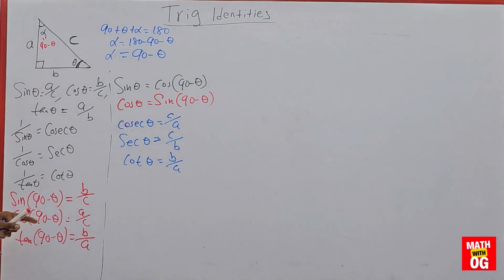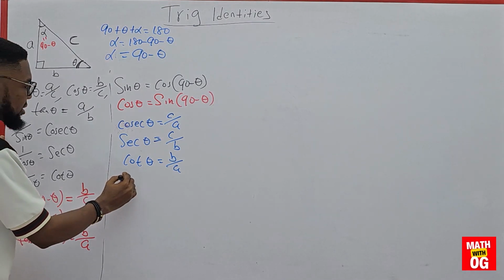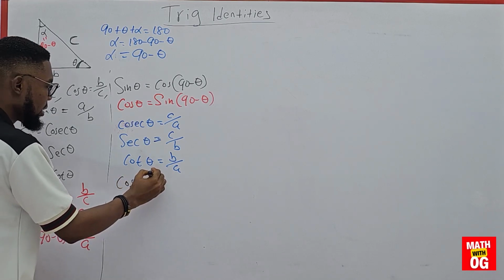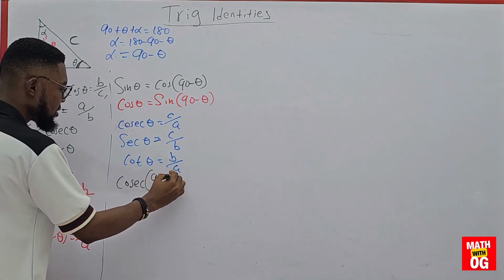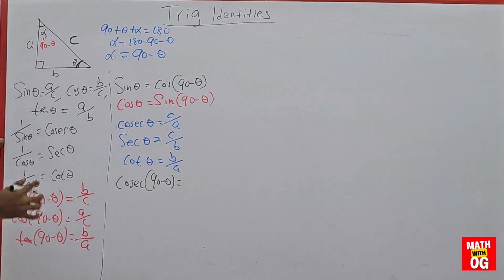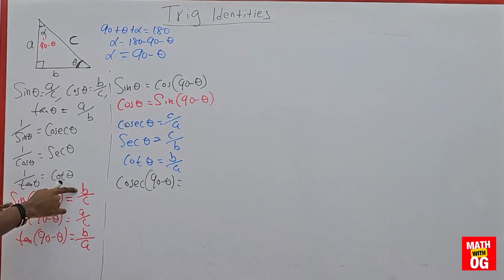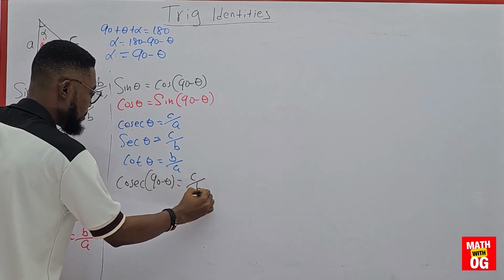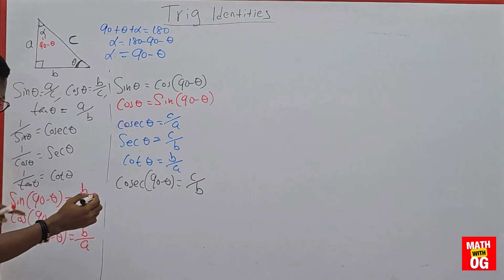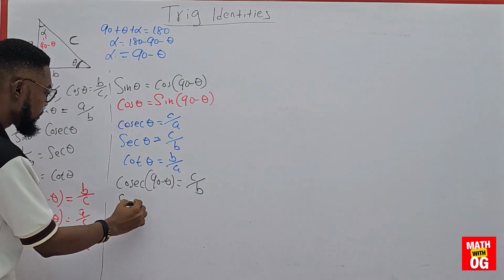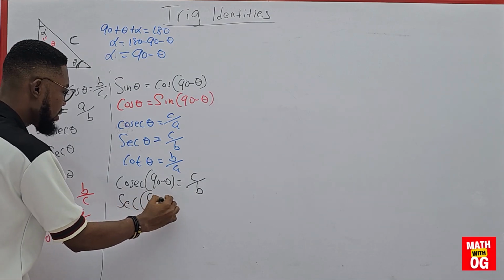Similar fashion, let's do cosec, sec, and cot for 90 minus theta. So I can say cosec 90 minus theta is simply 1 over sine 90 minus theta, and sine 90 minus theta is B over C. So 1 over sine 90 minus theta should be C over B. Then you have sec 90 minus theta.